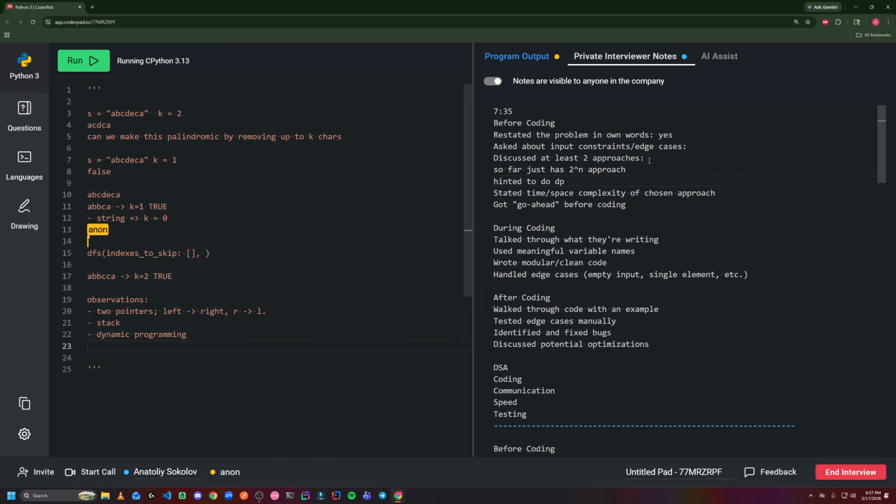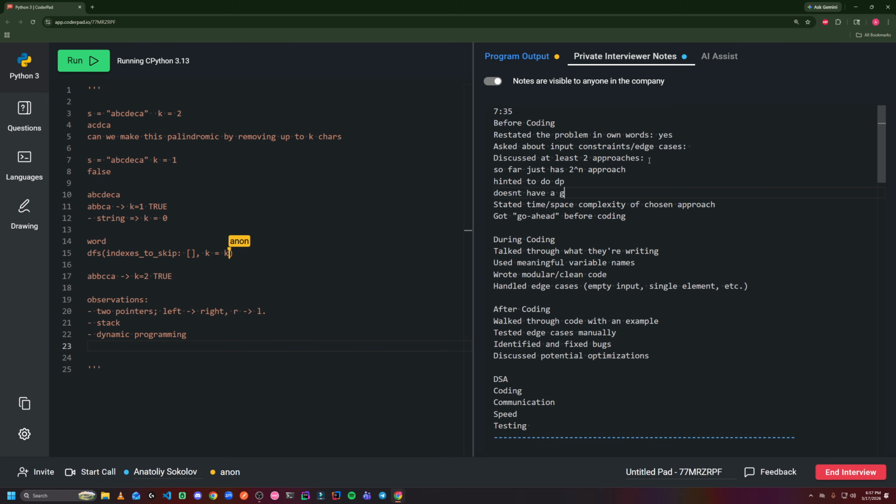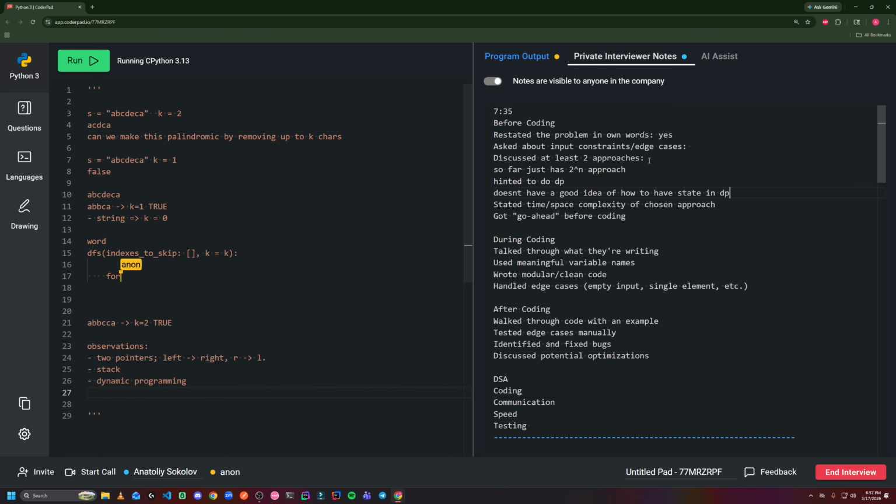And then the word itself we keep above, and then we say k equals something. It starts as the overall k, and then the subproblem would be... I think I would still have to look at all the other remaining indexes.